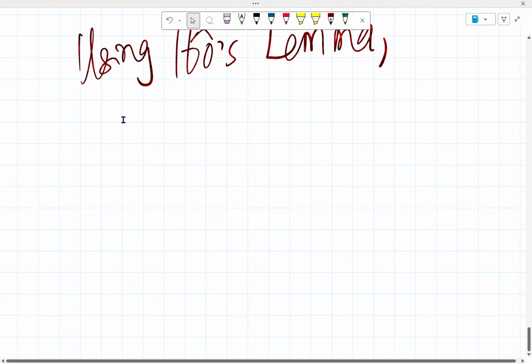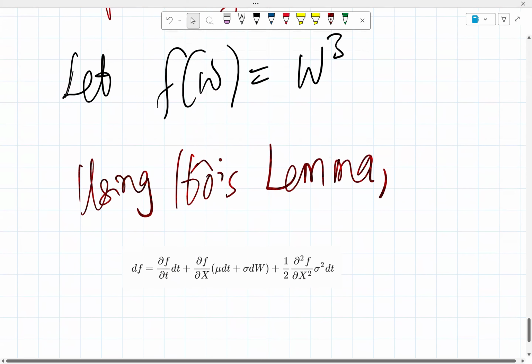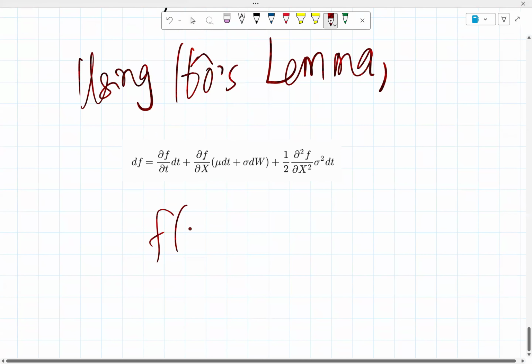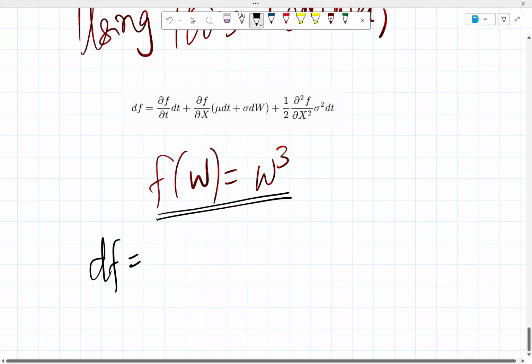So using Ito's lemma, which is given like this. Yeah, that's Ito's lemma right there. So we then say that df is the partial of f with respect to t times dt. We're using f of w equals w raised to power 3. There's no t here, right?